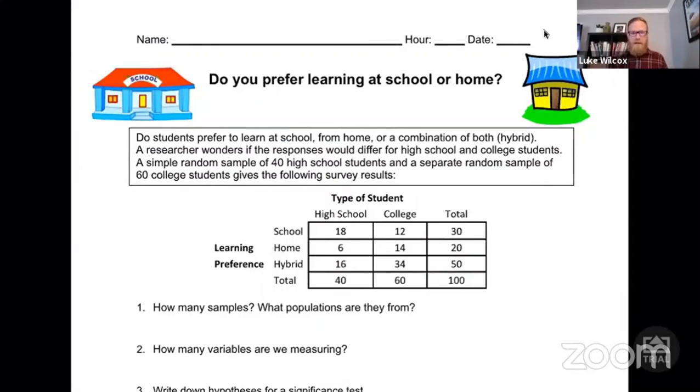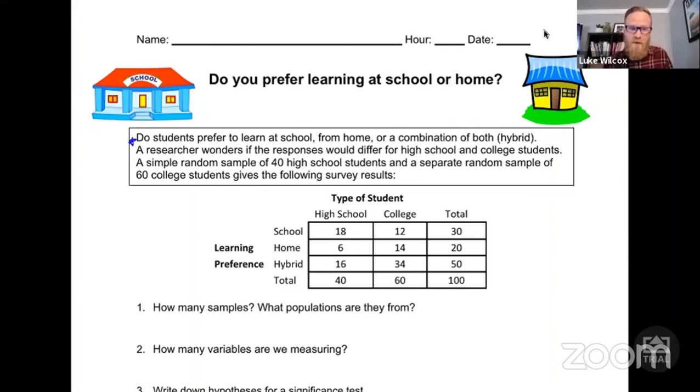So I decided on a context that is very relevant right now, and that's about how we're doing this learning. And a lot of us are in a new situation here where you're having to learn online at home as opposed to learning at school with your teacher. So here's what the problem says. It says, do students prefer to learn at school, from home, or a combination of both, which I'm calling hybrid?